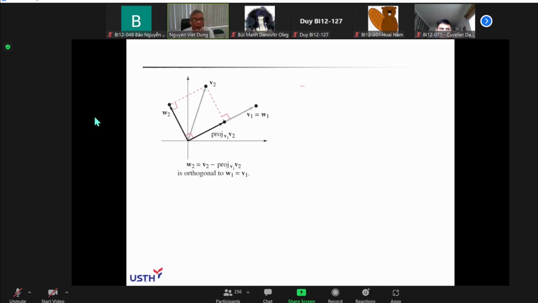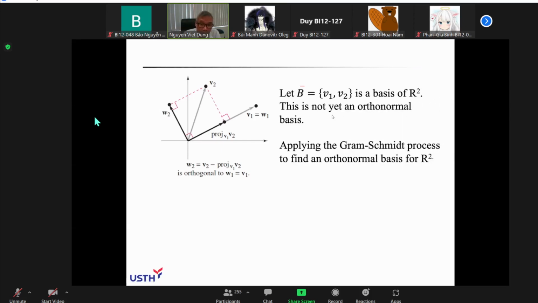And by the example here, we show you the easiest case. Now we consider the case when V is a coordinate plane, and we consider the basis B consisting of two vectors v1 and v2. v1 is here and v2 is here, in gray color.